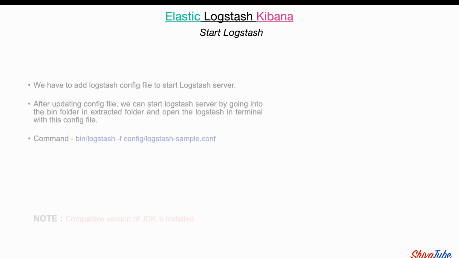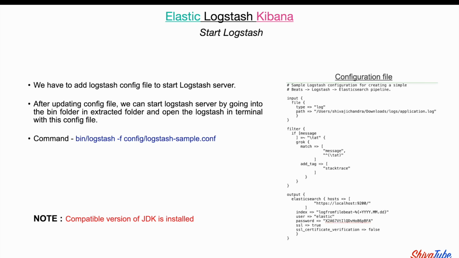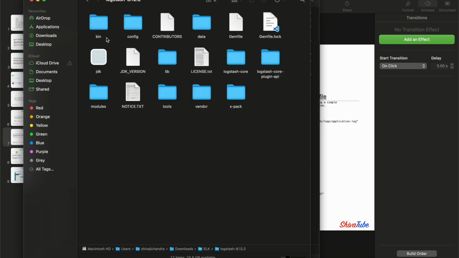Now we'll go and start the Logstash server. To start the Logstash server, we need to add one config file. Here you can see the configuration file. This file we need to add in Logstash as sample conf or any name based on your naming convention. So let's continue to that. This is the Logstash folder, right?